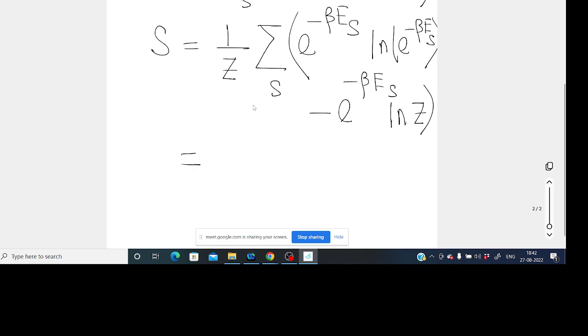Now what is log of exponential of this thing? This is equal to minus beta Es.